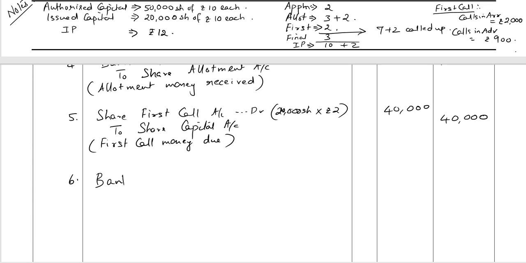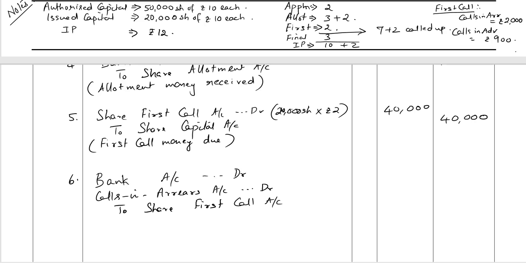So the combined entry will be as follows: bank account debit, calls in arrears account debit, to share first call account, and to calls in advance account.